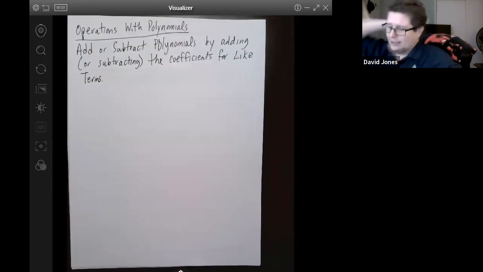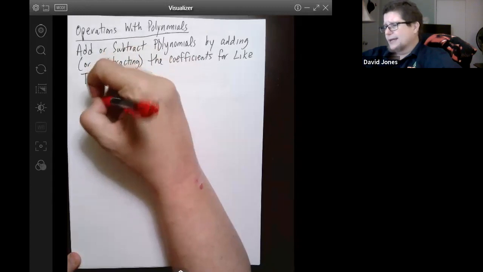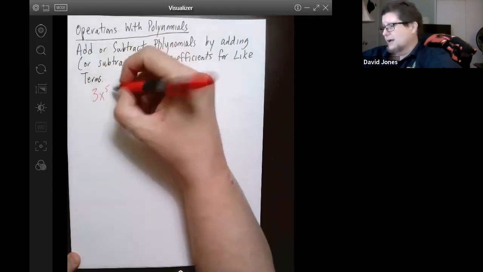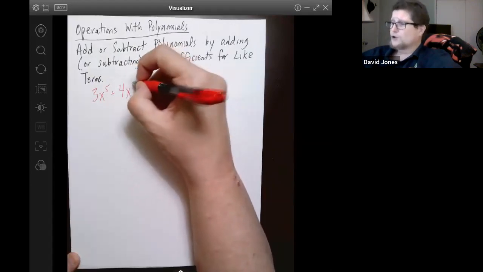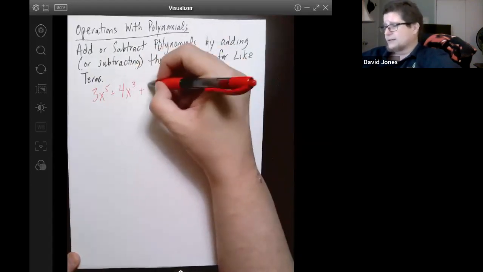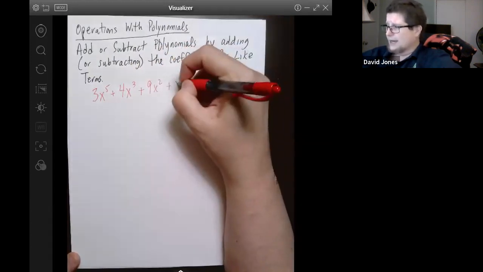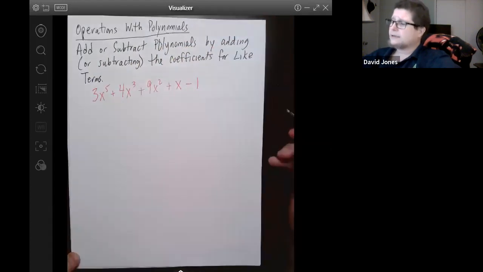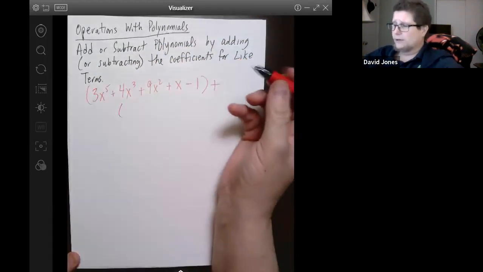So let's take a look at an example. Let's have 3x to the 5th plus 4x cubed plus 9x squared plus x minus 1. And we're going to add that to another polynomial.